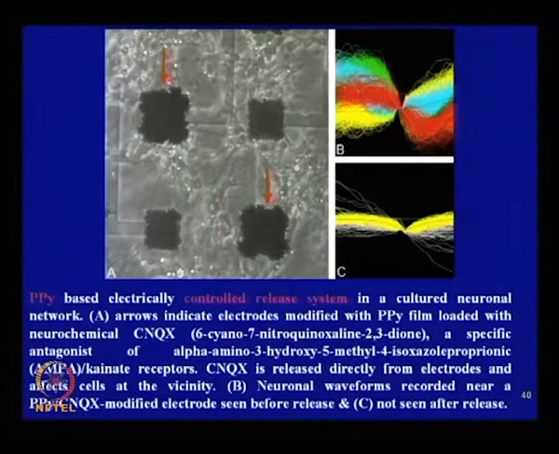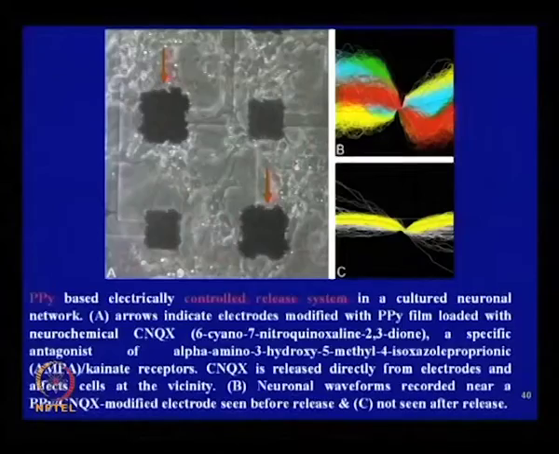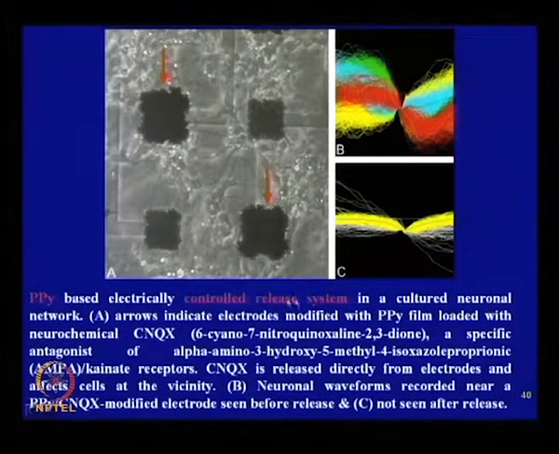Now, here you see this, okay, if you feel comfortable you can look at the screen behind. You see this is a polypyrrole based electrically controlled release system. This is the drug loaded system, in a cultured neuronal network.